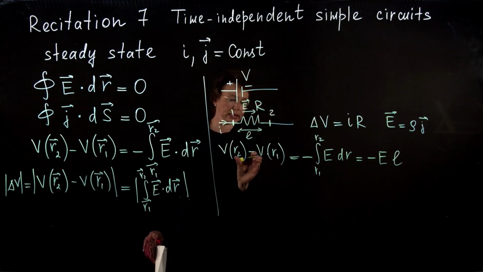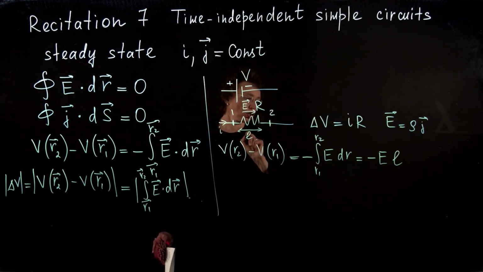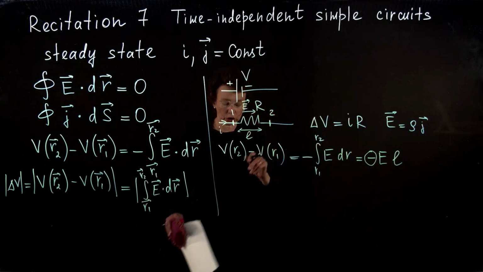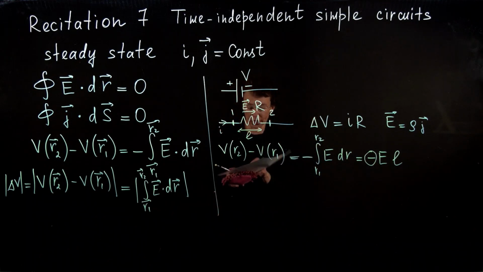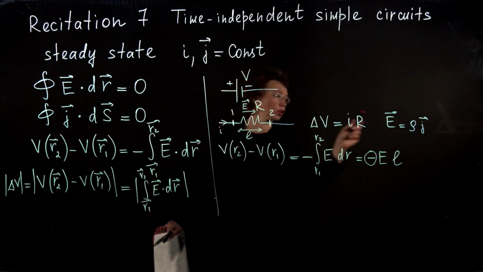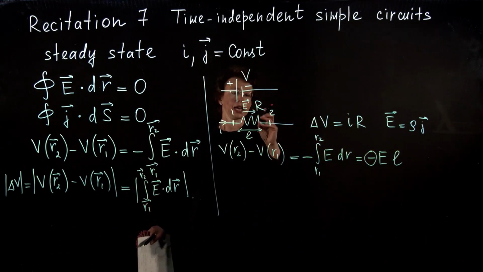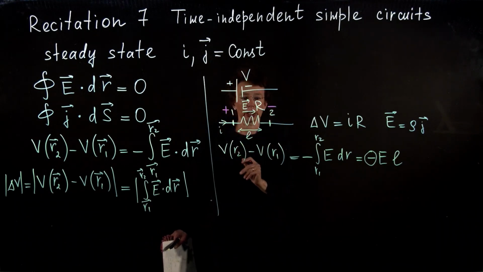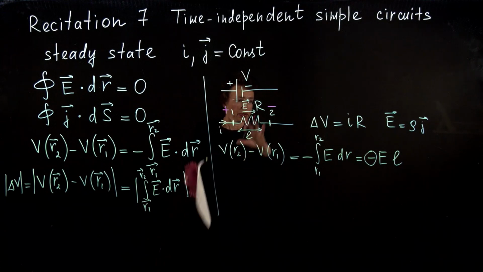In other words, the difference in voltage across the resistor is negative, or voltage drops in the direction of current flow. Our current is to the right, the electric field rho J is to the right, and voltage here is higher than voltage at point 2. That's what we need to know about the resistors.